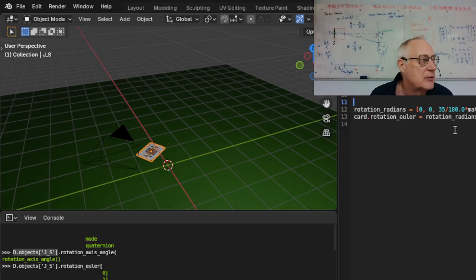I can also make it rotate in 10-degree steps, around the Z axis.